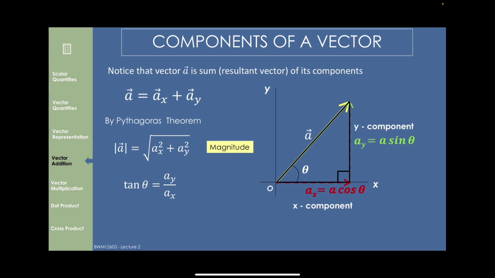Since theta represents the direction of the vector, we can rearrange these terms, and theta is equal to tan inverse of Ay over Ax. So that's how we find the direction of vector A. These are the formulas that you need to remember. This is how we determine the magnitude and direction of a vector from its components.